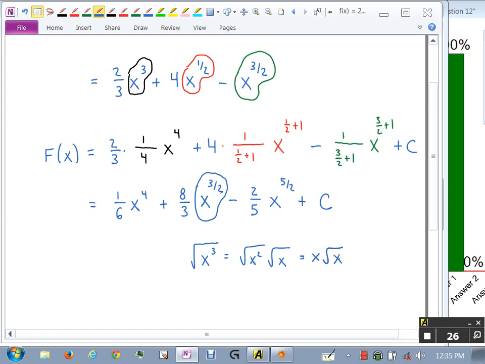So the back of the book might have something like 1/6 x to the 4th plus 8/3 x root x. And then that last one, x to the 5/2, would actually be what? x squared root x, if you did that one the same way. So just be aware of that. I have no problems at all with you just leaving this with rational exponents.